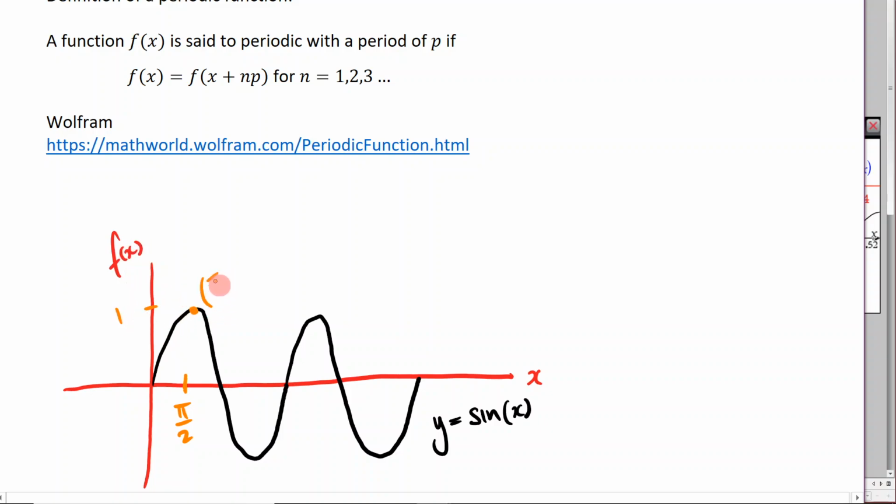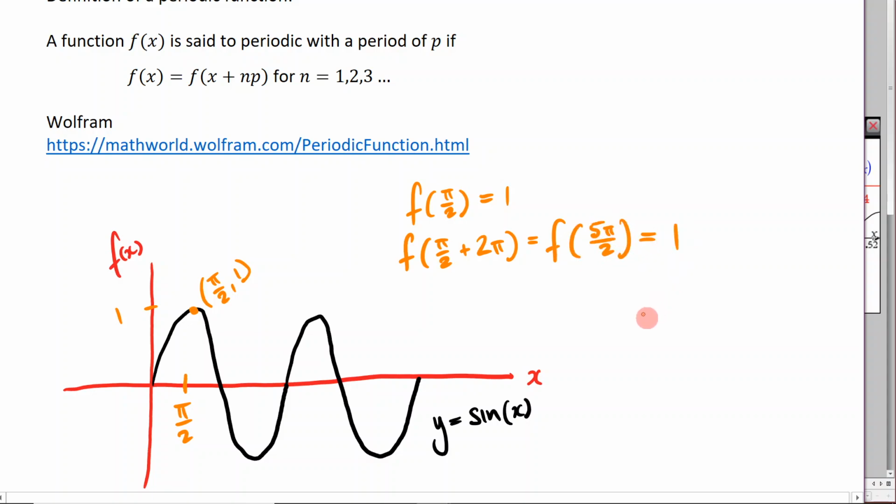So when I put pi on 2 in, I get an output of 1. So f of pi on 2 gives an output of 1. If I now take that value and add the period, which I know is 2 pi, I end up with f of 5 pi on 2, and I know that is also equal to 1.